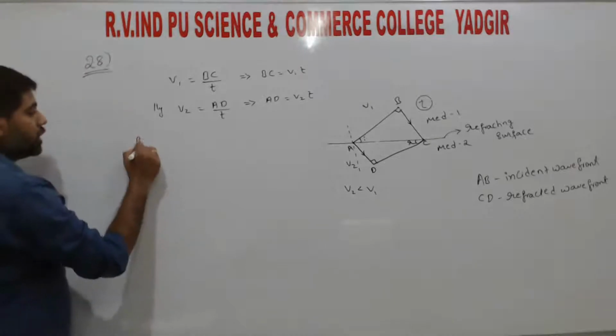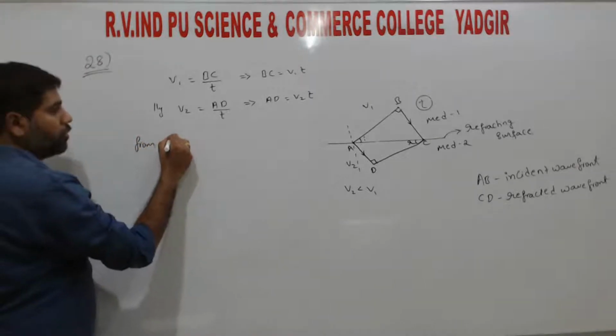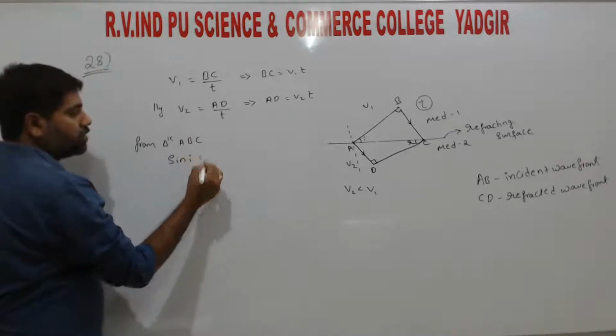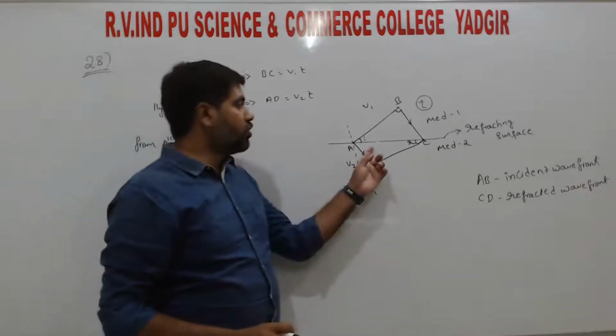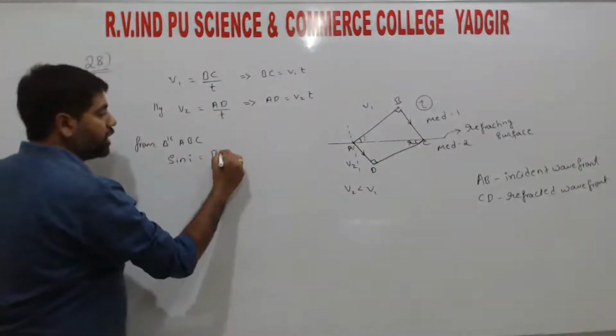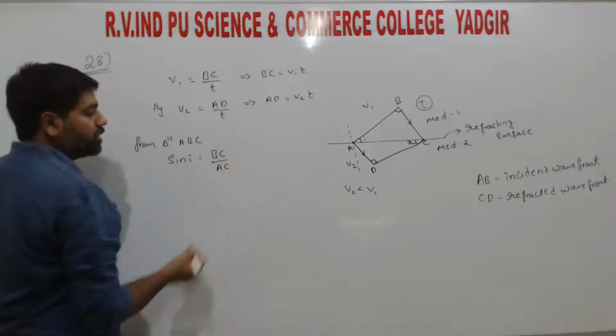From triangle ABC, sin I is equal to opposite side by hypotenuse. The opposite side is BC and the hypotenuse is AC, right?